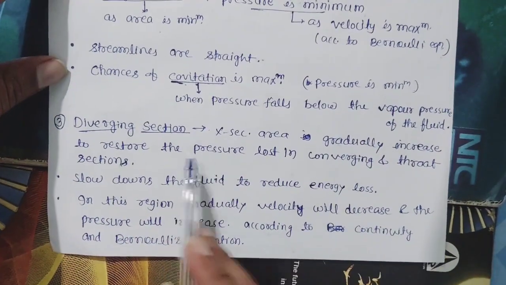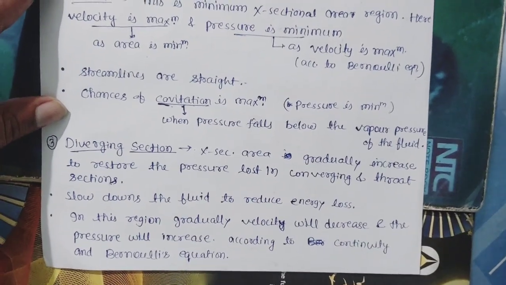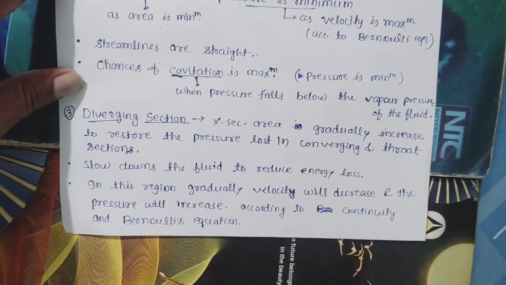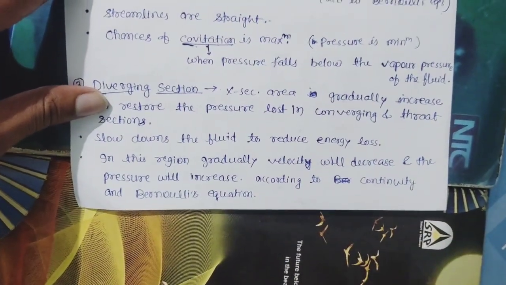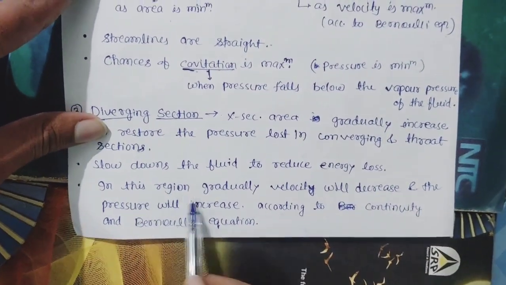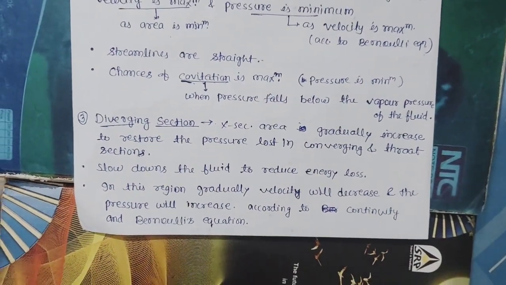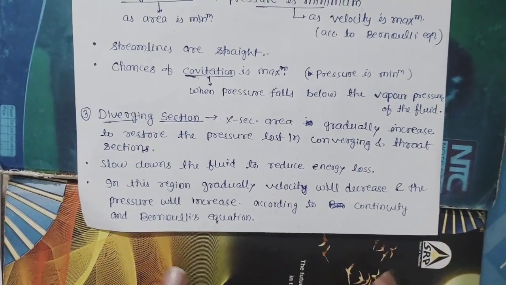In the diverging section, the cross sectional area gradually increases along the direction of flow to restore the pressure lost in the converging section and throat section. It slows down the fluid to reduce the energy losses. In this region, velocity will gradually decrease and pressure will increase according to the continuity equation and Bernoulli equation.